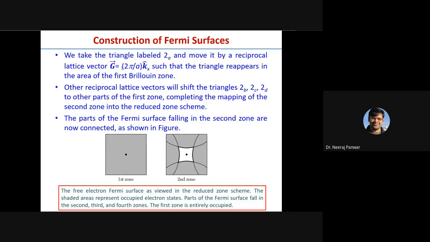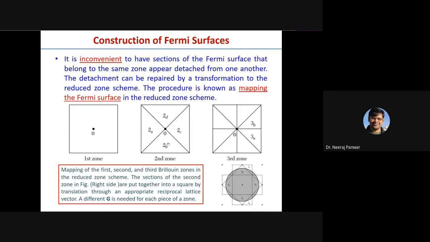Now, if we translate the portion of the Fermi circle that lies in the second Brillouin zone, please see the movement of the cursor. This is the portion of the Fermi circle that lies in the second Brillouin zone.